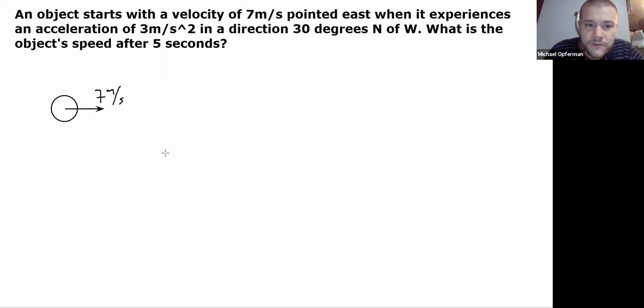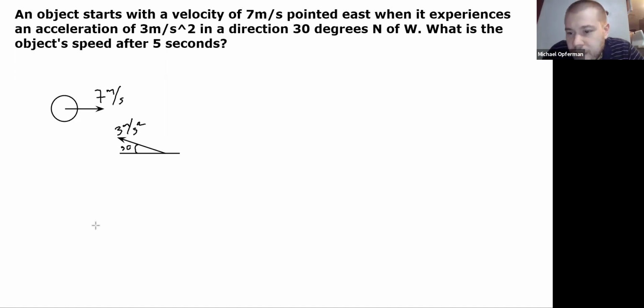So the acceleration vector is going to be in some direction like this, with a 30-degree angle here because it's 30 degrees north of west. So I start with west and go 30 degrees north of that. So that's the acceleration. And I want to know the object's speed after 5 seconds.